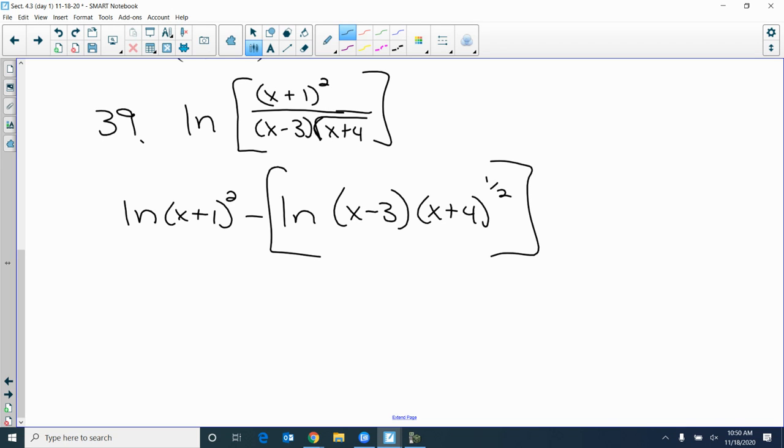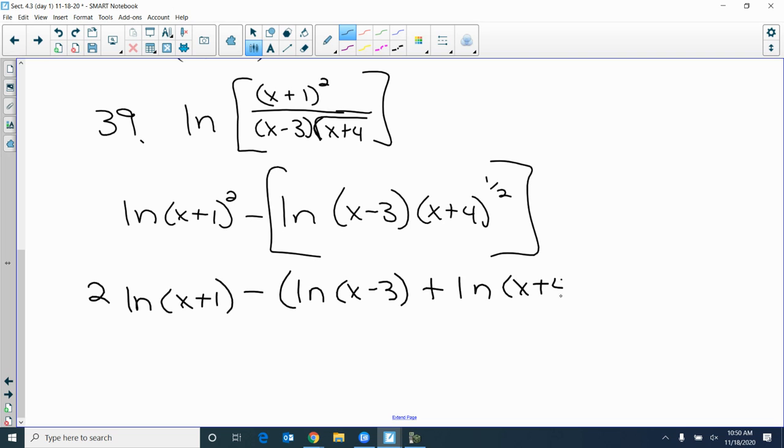So when we split it, the 2 can go out in front here. But then this becomes minus the natural log of x minus 3 plus the natural log of x plus 4 to the 1/2 power, okay? And so, well, I should make that a bracket.